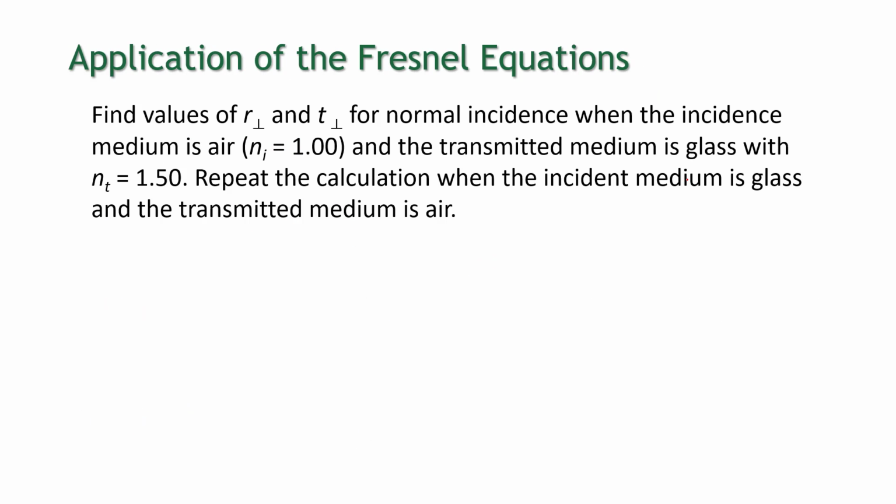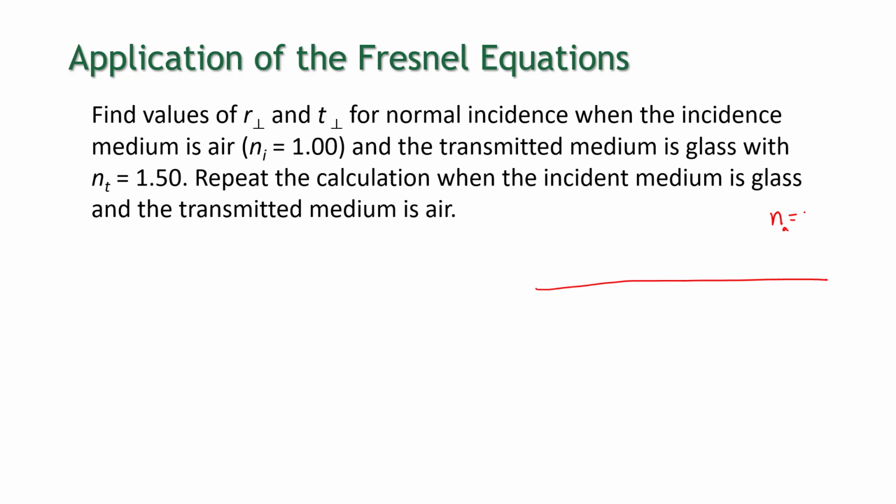Before that, we can look at this problem question. So we want to find R perpendicular and T perpendicular for normal incidence for air and glass interface. So we have this interface. This one is air.